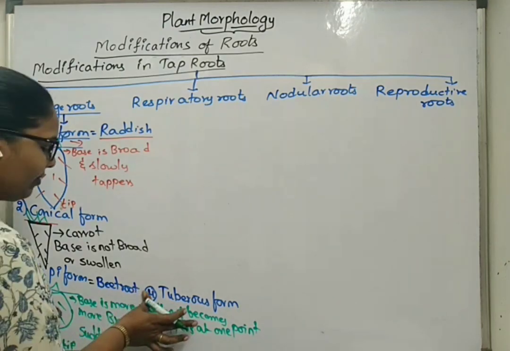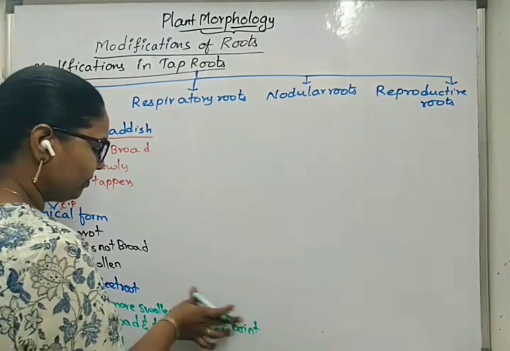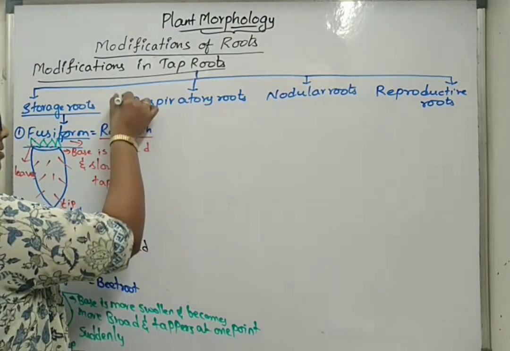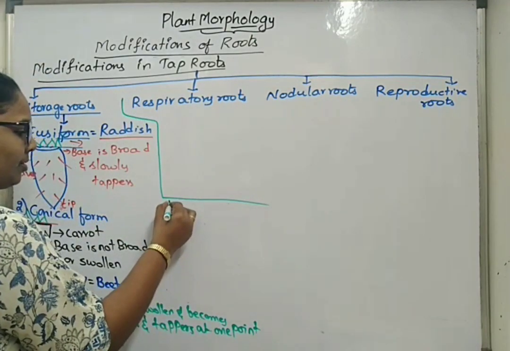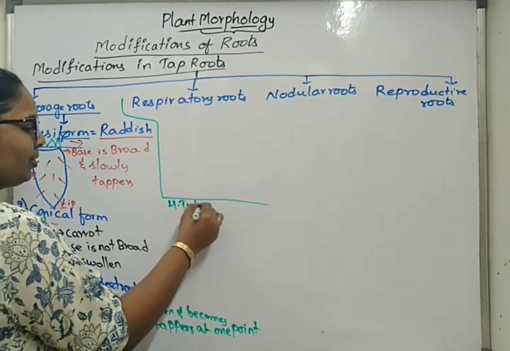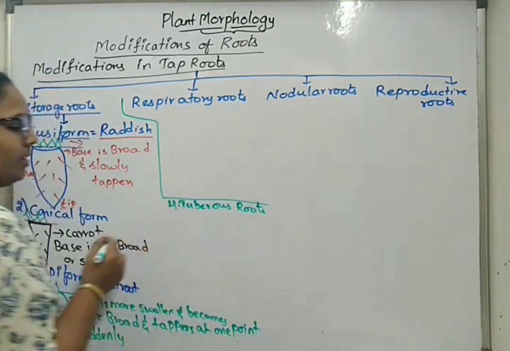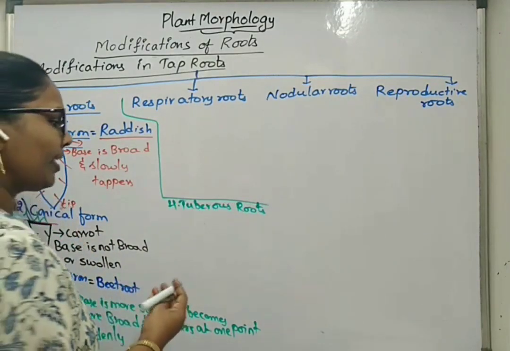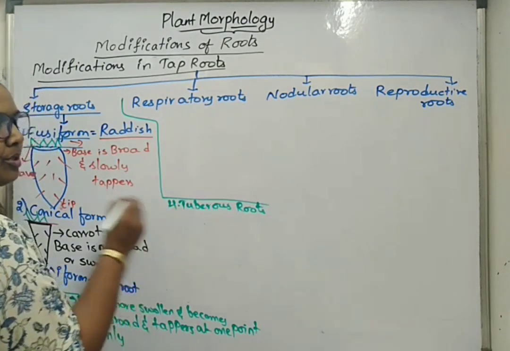So this is napiform. Next we will write tuberous form of taproot system here. So fourth type, tuberous roots. See, we should not take potato as an example here because we are using the term tuberous. Potato is a stem, a modified tuberous stem, but we should talk about tuberous roots.